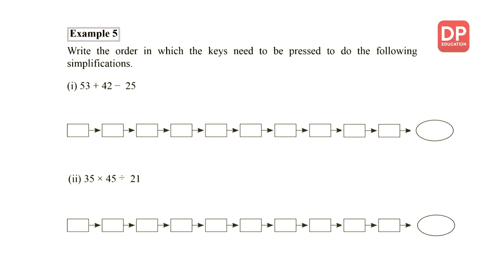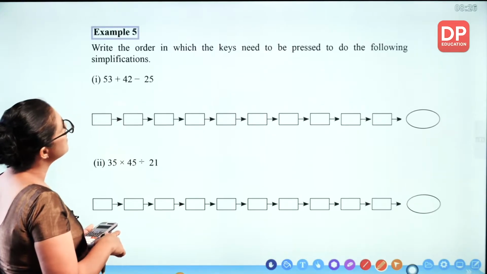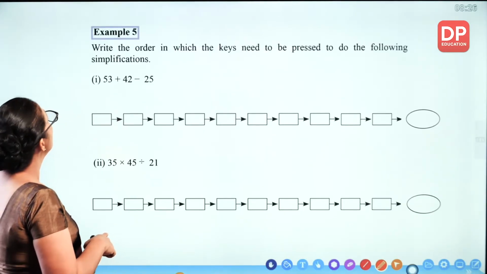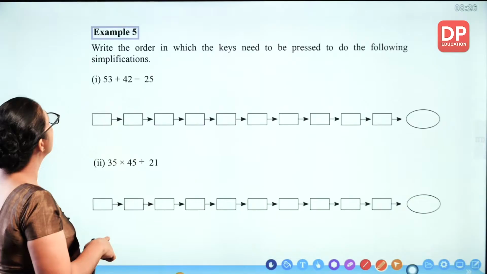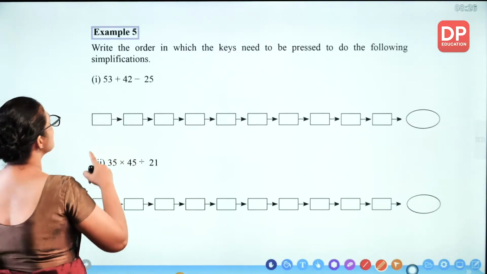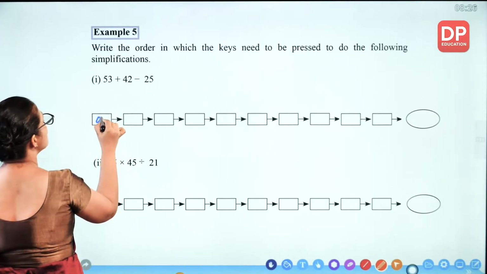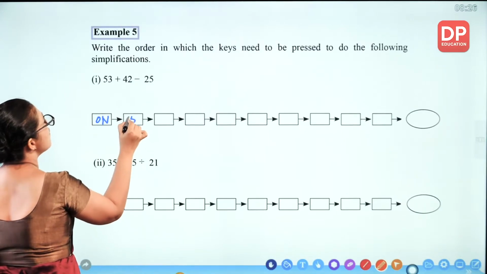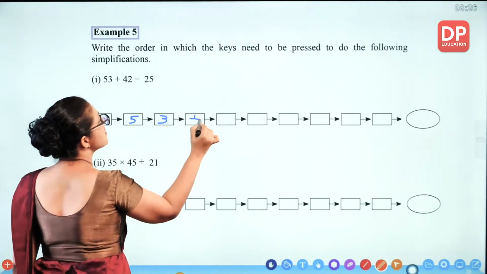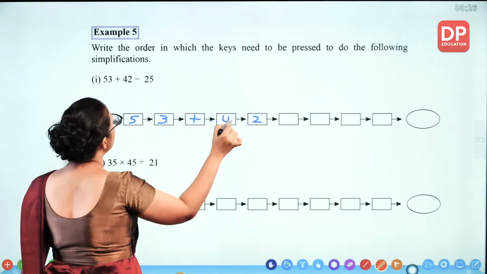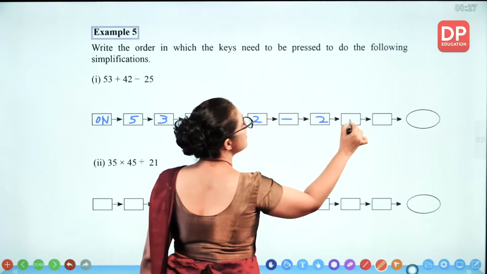Example number 5. Write the order in which the keys need to be pressed to do following simplifications. 53 plus 42 minus 25. Switch on the calculator. 53 plus 42 and then minus 25.